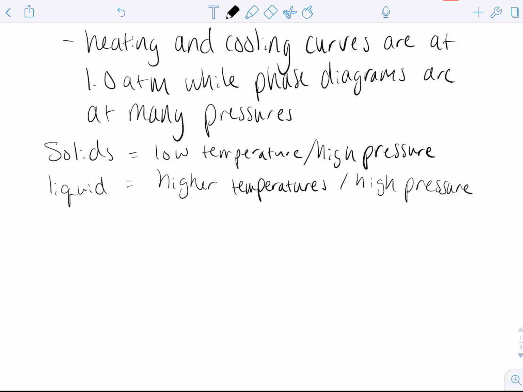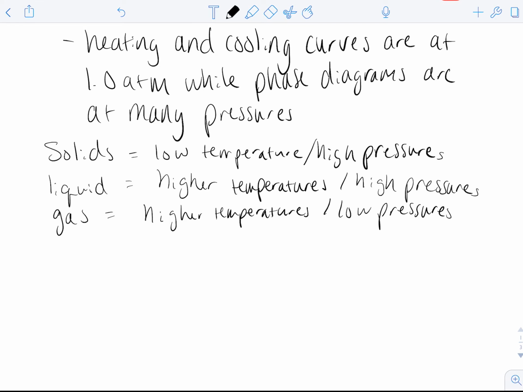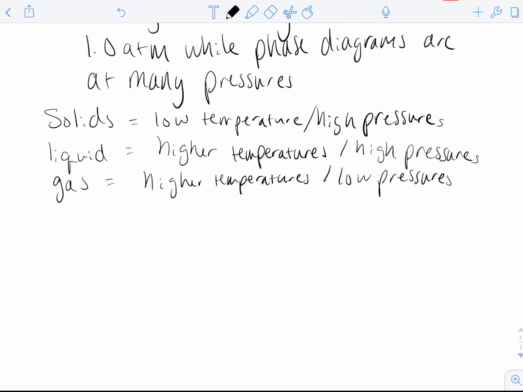Not necessarily a high pressure, but higher pressures than we would see with a gas. With our gases, we're looking at higher temperatures. So they're in close to the same temperature range as the liquids, but they're going to be low pressures because it is a very non-condensed phase. Okay, so keep that in mind when we are looking at this.